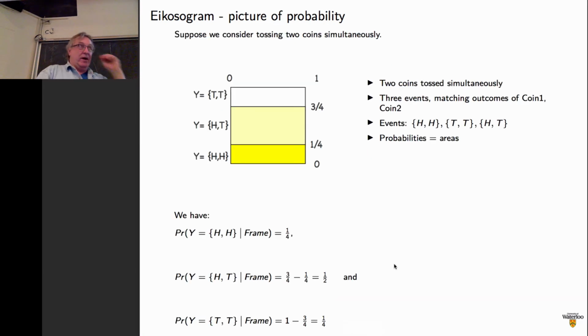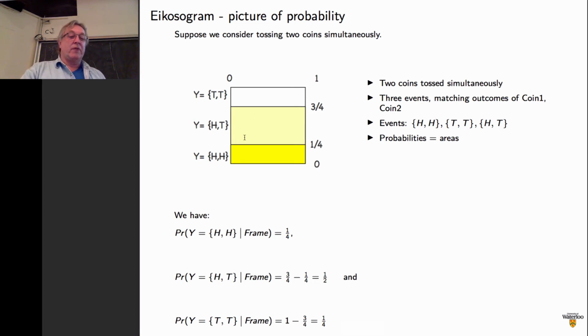Let's imagine 3 values. So think about tossing 2 coins simultaneously, 2 coins at once, and we have 3 events. They both land tails, they both land heads, or one is heads and one is tails, and I'm not distinguishing between which is which. So you know yourself that the probability of both landing heads is going to be 1/4.